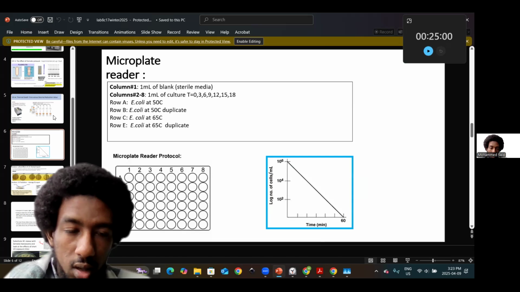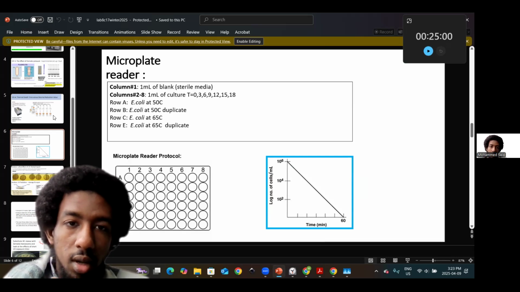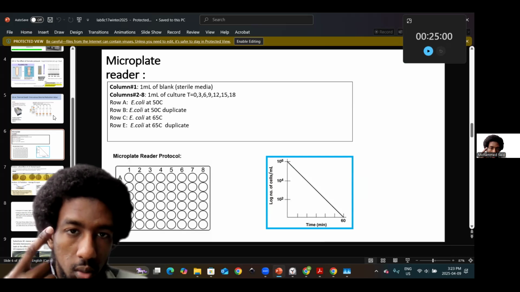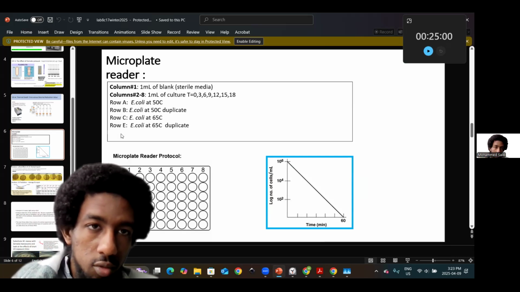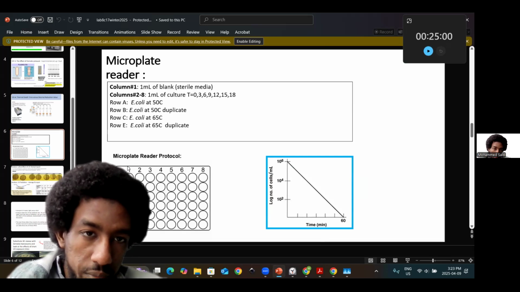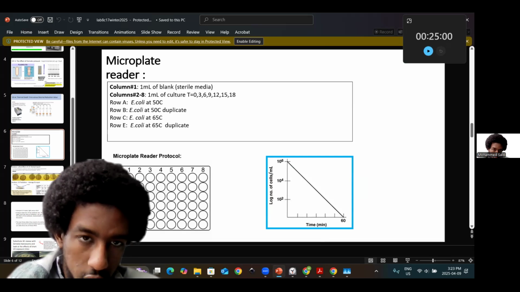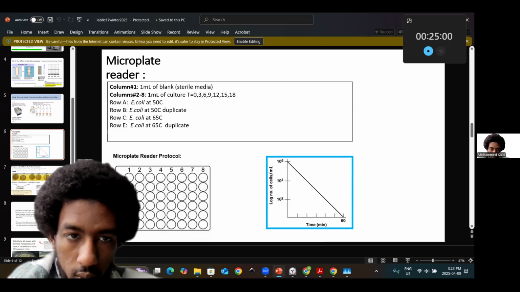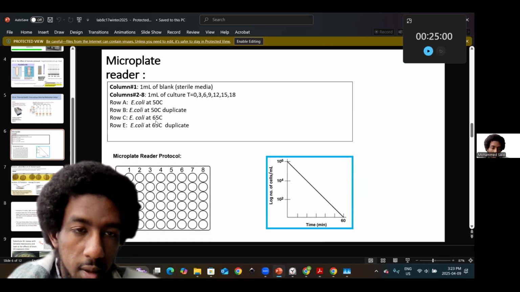That would have been for viable counts. But if we look at the microplate reader, and this is something I just want you guys to pay close attention to, understand the setup. For those that were wondering from before, you have essentially column 1 as just your blank, and independent of which row it is on, you're assuming your blank of sterile media.